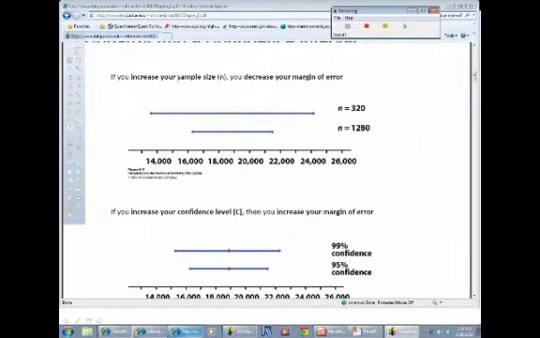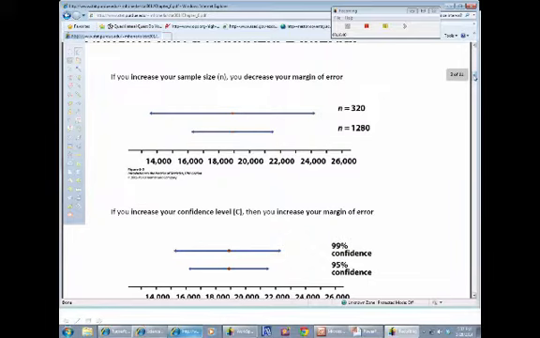If you increase your sample size, you decrease your margin of error. If my n was 320, I would have a big margin of error, whereas if my sample size was 1280, it would be smaller. But again, it's going to be costly and time consuming.